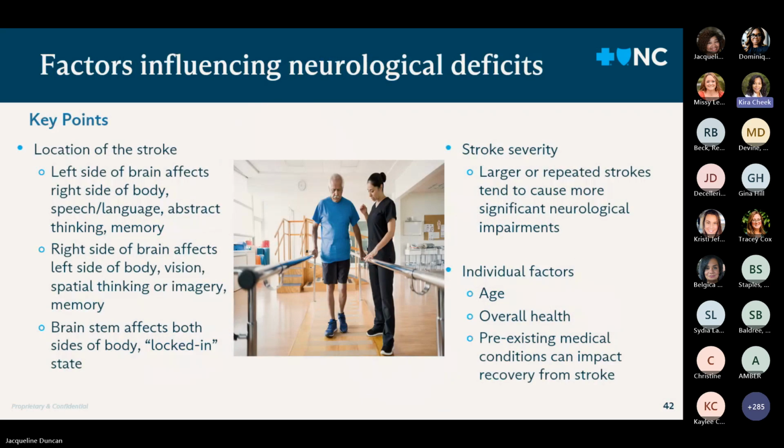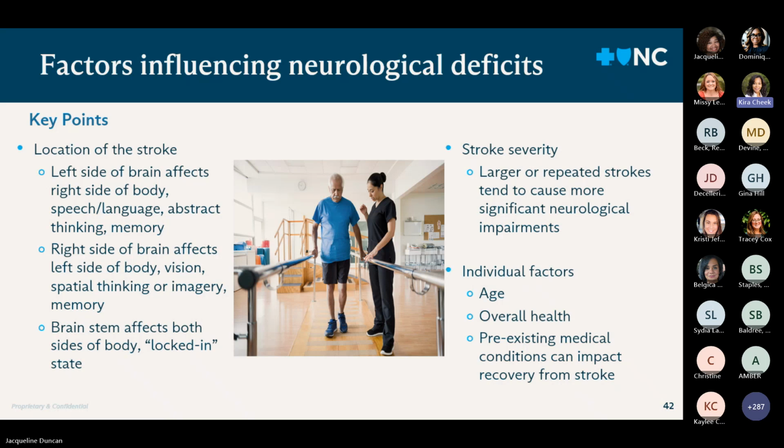When it comes to neurological deficits or sequela of strokes, there are some factors that determine what they may be. For example, if you have a stroke on the right side of your brain, it will affect the left side of your body, vision, and memory, to name a few.